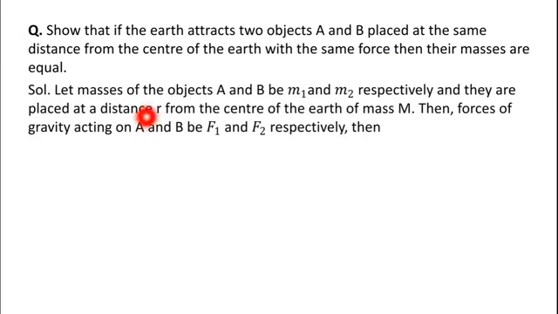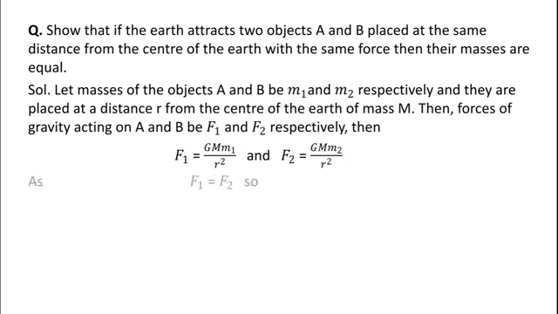Let the masses of the two objects A and B be m1 and m2 respectively, and they are placed at a distance r from the center of the earth of mass capital M. Then the forces of gravity acting on A and B be F1 and F2 respectively. Then we can write, F1 is equal to G capital M into m1 divided by r square, and in the same way F2 is equal to capital G capital M into m2 divided by r square.